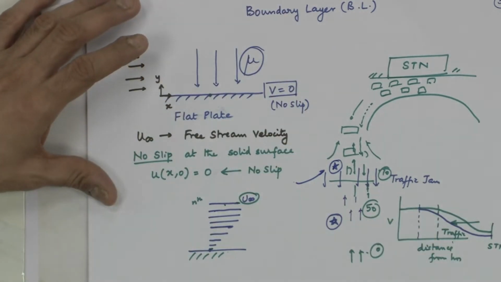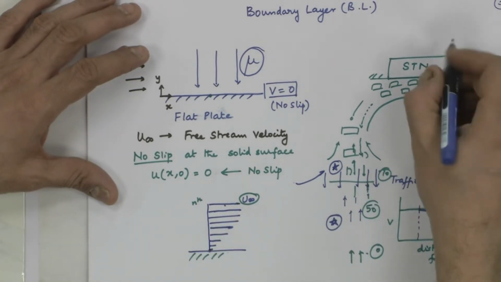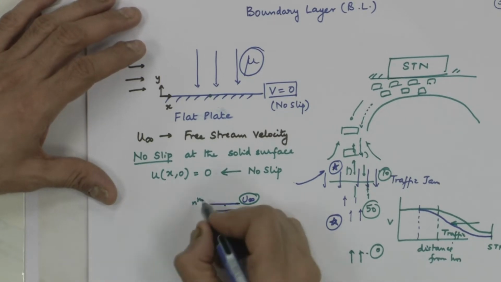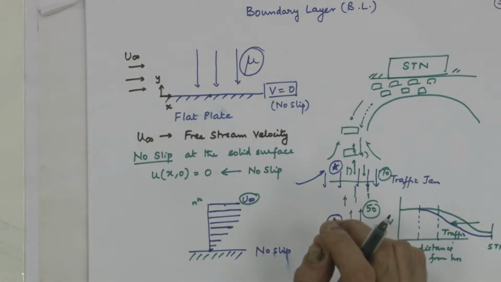So, where you are with respect to the cause, railway station, flat plate, no slip condition is the cause. Where you are with respect to that will decide whether you are going to be slower than u infinity or equal to u infinity.